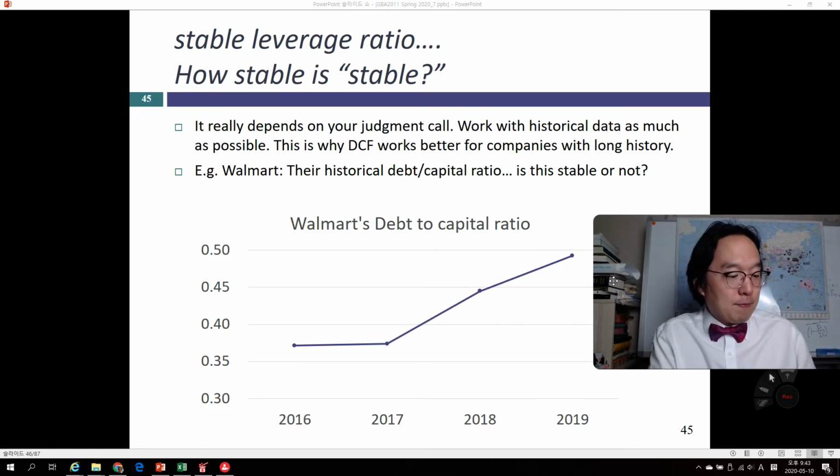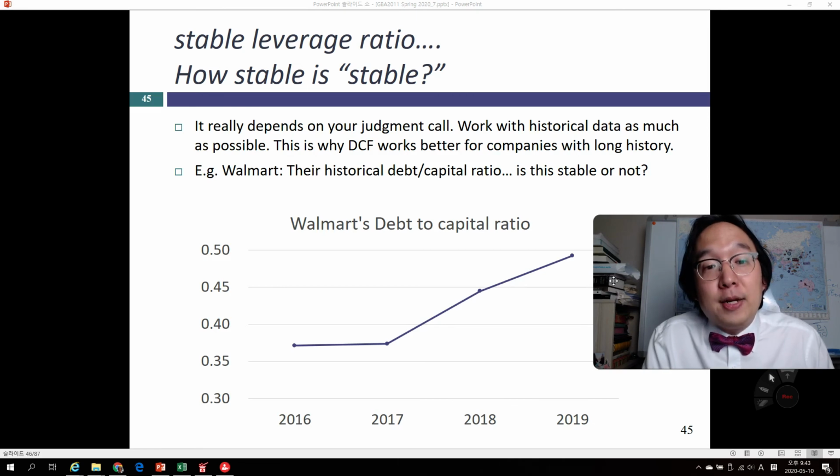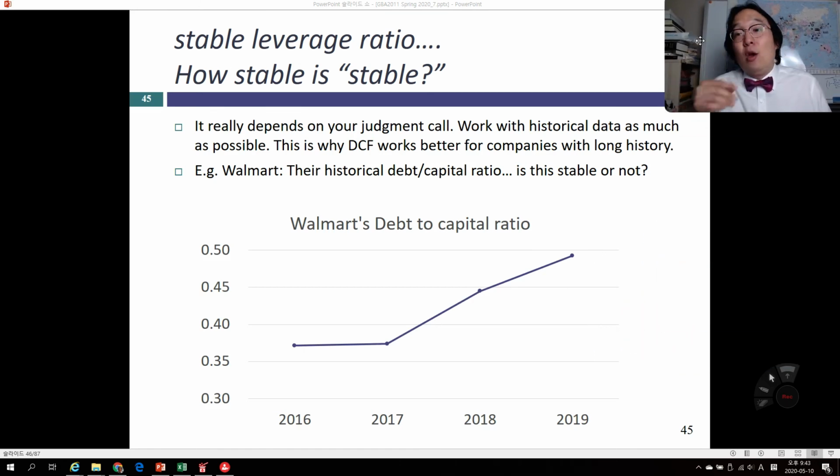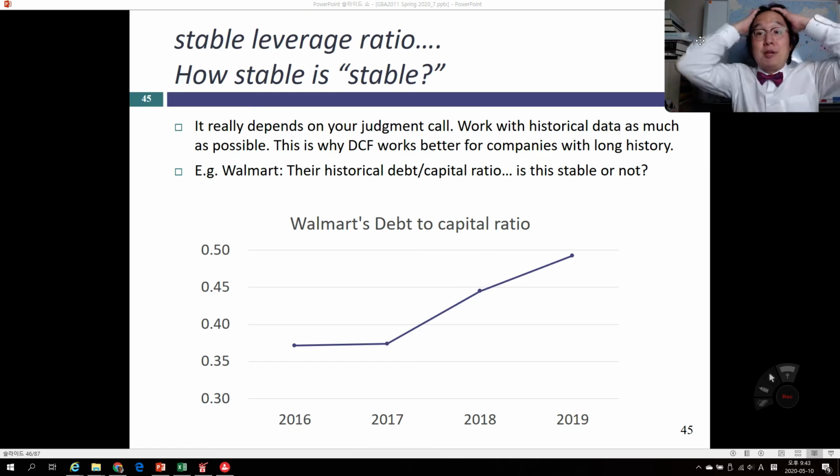For example, now, their historical debt to capital ratio looks like this. Walmart, debt to capital ratio, just to give you some idea about what stable debt to capital ratio means.